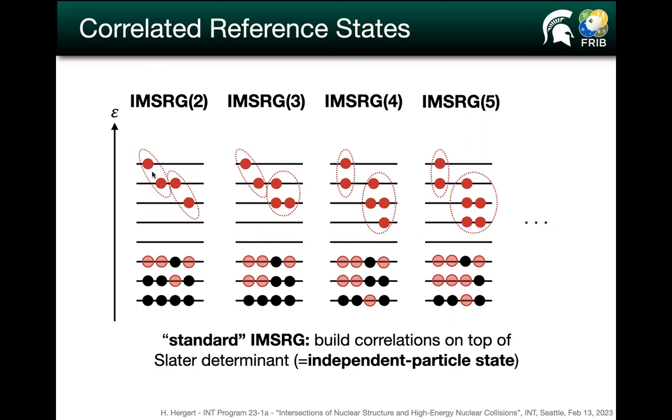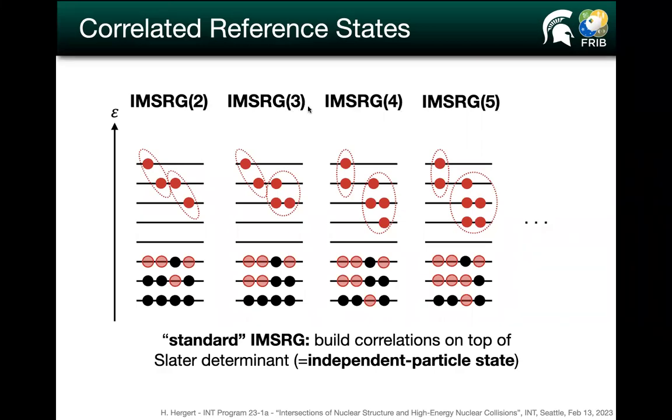So that would be these pairwise correlations, triples-like correlations, quadruple-like correlations, quintuples, et cetera. And as you can see from the labeling up top here, IMSRG2 means we're including only two-body operators in our flow equations. IMSRG3 means we're truncating after the three-body level, then truncating after the four-body level, truncating after the five-body level.